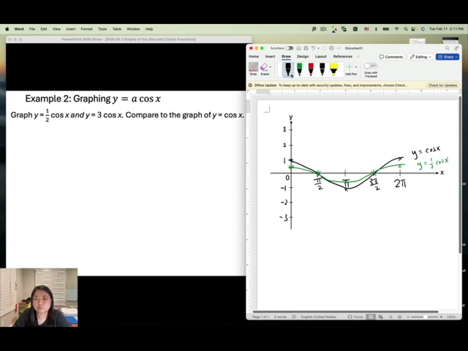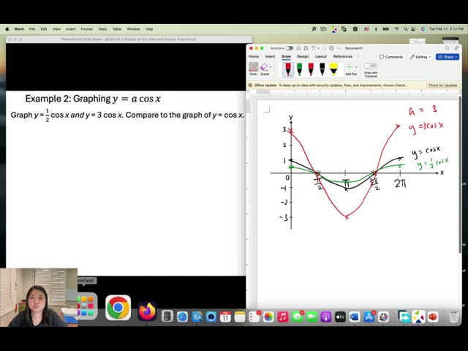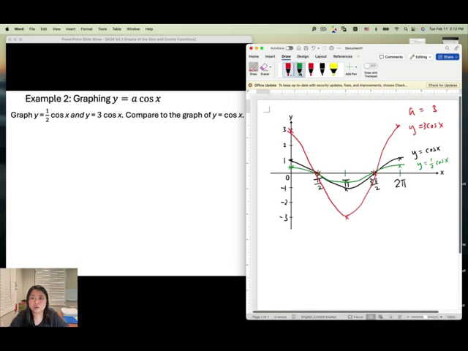And then let me do y equal to 3 cosine x. So the amplitude is equal to 3. So it's going to be 3 here, 0, 3 here, 0, and then 3 here. So my graph looks like this. Okay, so y equal to 3 cosine x. Okay, right? Okay, one more.